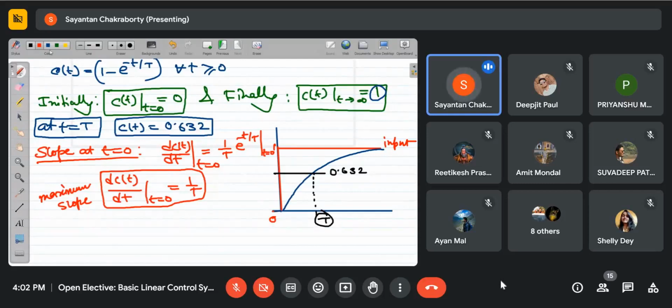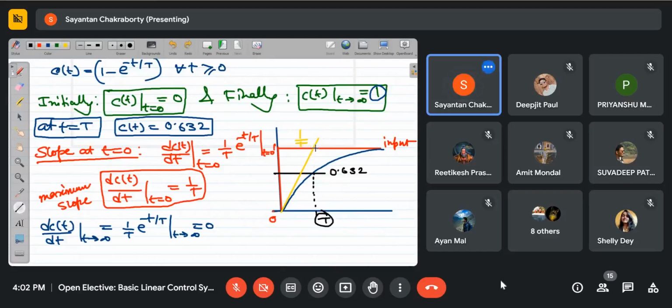And what about the slope at t tends to infinity? Zero. So that means the slope will be maximum at this point. What will be the slope? 1 by T. So how long will it take to reach the steady state of 1?